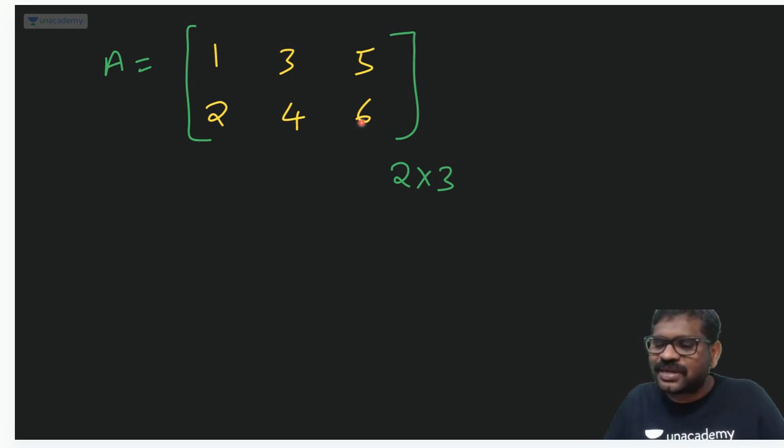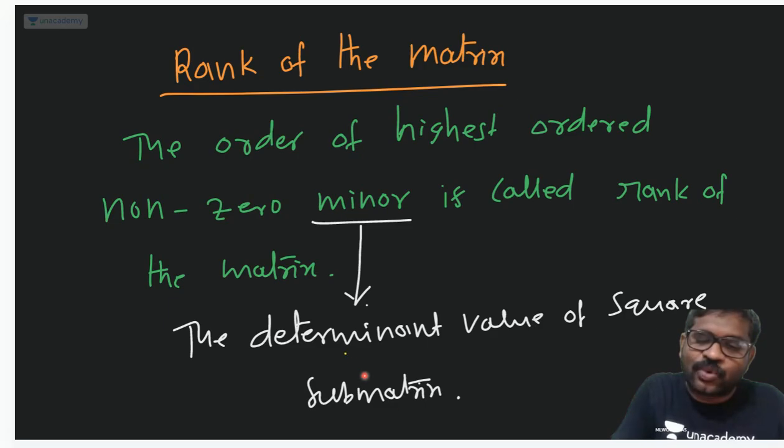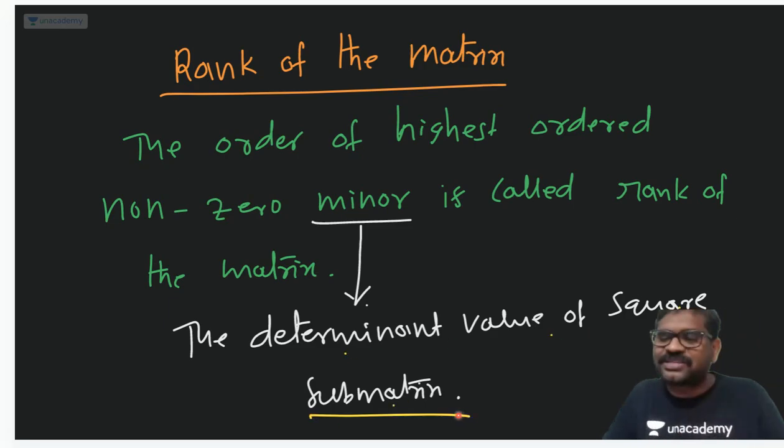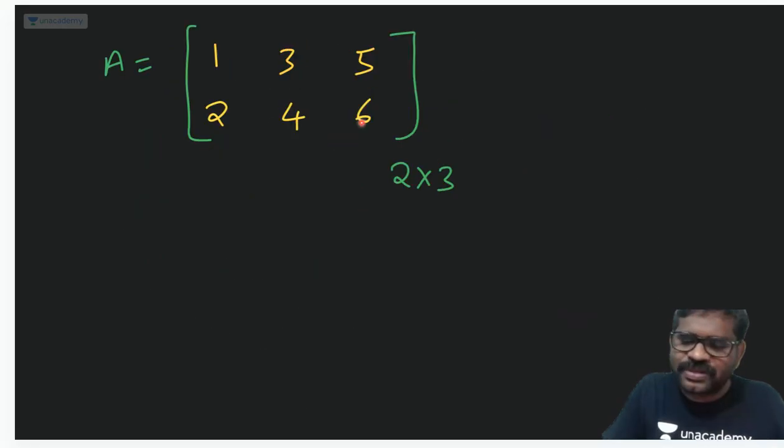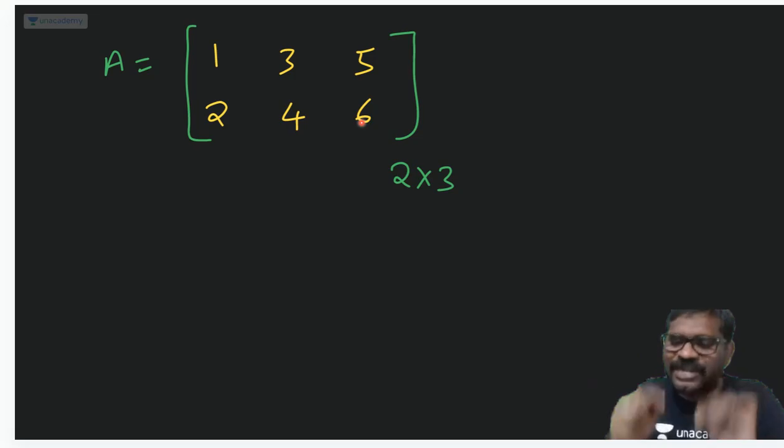Sir, what is minor? Determinant value of a square submatrix. Sir, what is a submatrix? If you eliminate a row or column, or rows or columns, from the matrix, you can generate a submatrix.